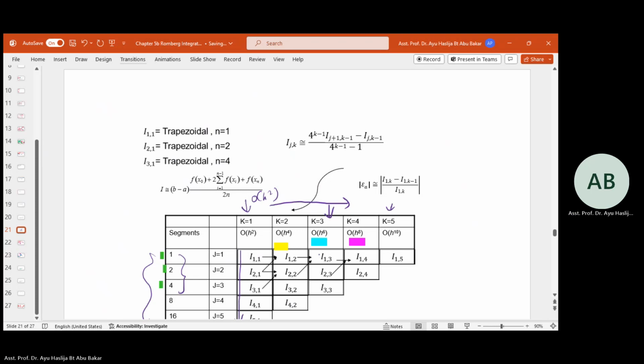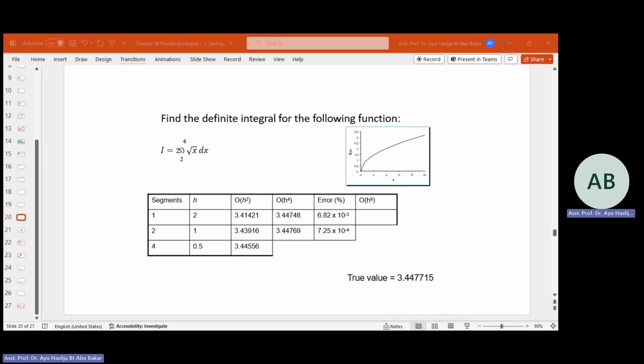Yes, correct. Chapter 4 and chapter 5 up to Romberg. Not only Romberg, up to Romberg. Tuesday, so it will be, yes, correct, 17.